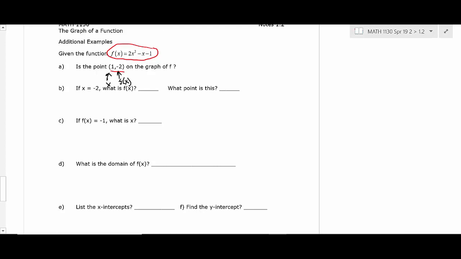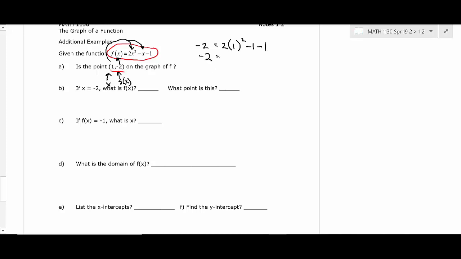So you plug in the -2 for f of x, then plug the 1 in for x and see if it works or not. So you would have -2 equals 2 times 1 squared minus 1 minus 1. If that checks out, then that's a solution of the equation, which means it's a point on the graph.